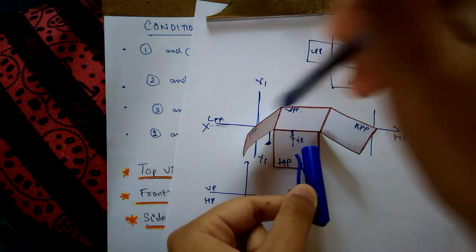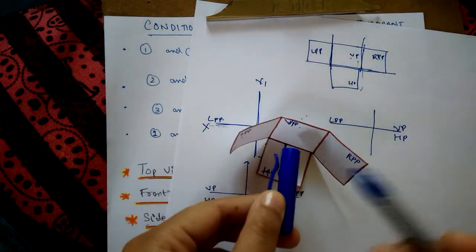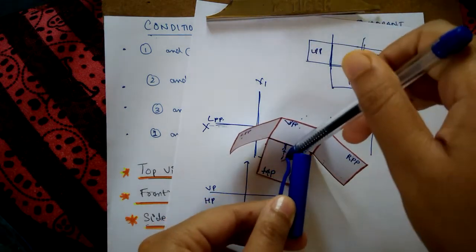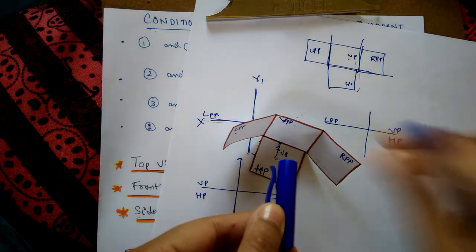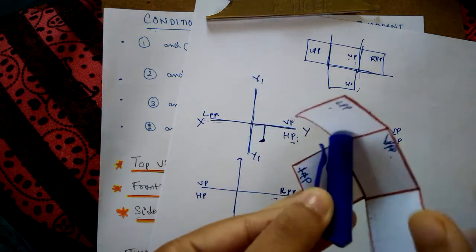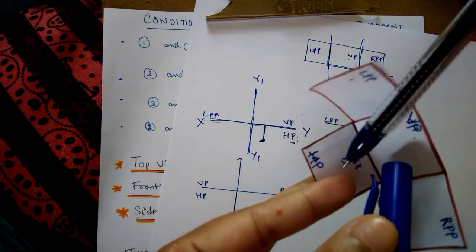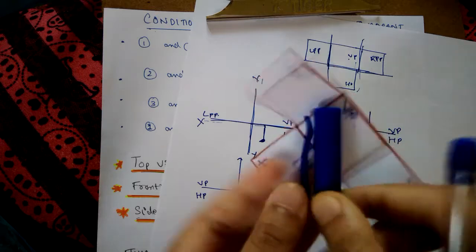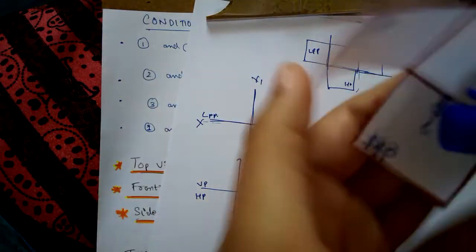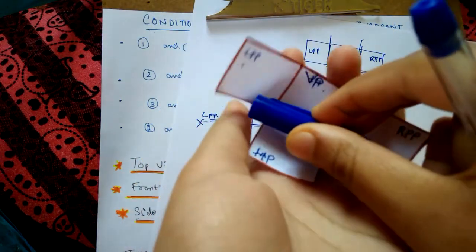Just ignore these sides for the first time. We are only considering that the object is above HP. For it to be above HP, you have this distance, this distance above HP, when you see like this.